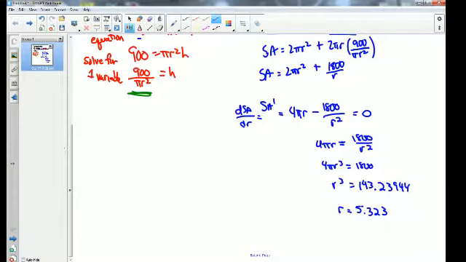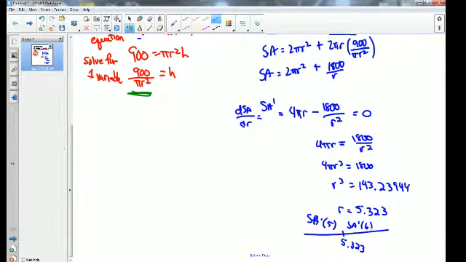It's the only one we found, right? If you need to check, you can do a site analysis and then use the derivative. Or, sorry, SA prime at 5.